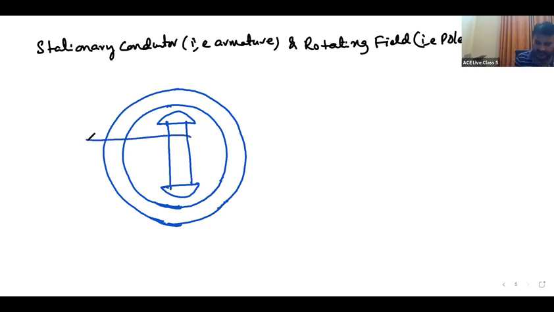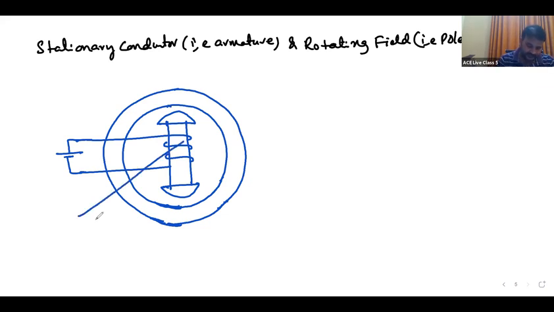On this we are keeping DC excitation; they are excited with DC. And it is driven in the clockwise direction by using the prime mover.